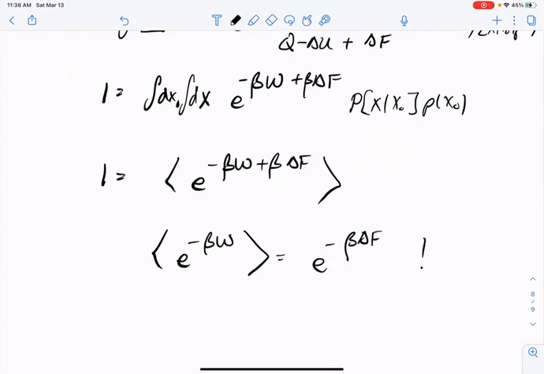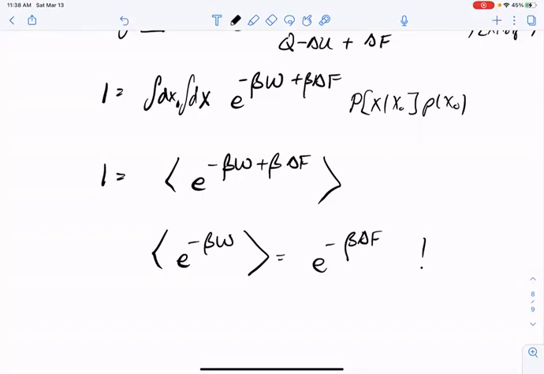That says that I do some work over the course of this external time-dependent protocol that takes the system in general away from equilibrium. I'm not doing this quasi-statically. I'm not doing this reversibly. I am taking an arbitrary path between two equilibrium states.